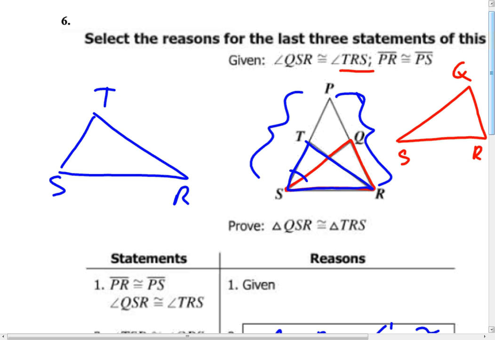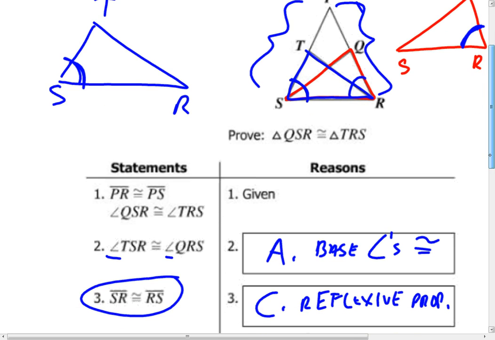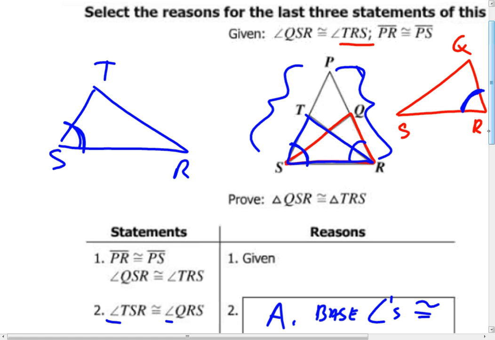If I've got isosceles, that means that this big angle S right here is equal to this big angle R over here. So in this drawing, these two are the same. And we say with reflexive property that this equals that.